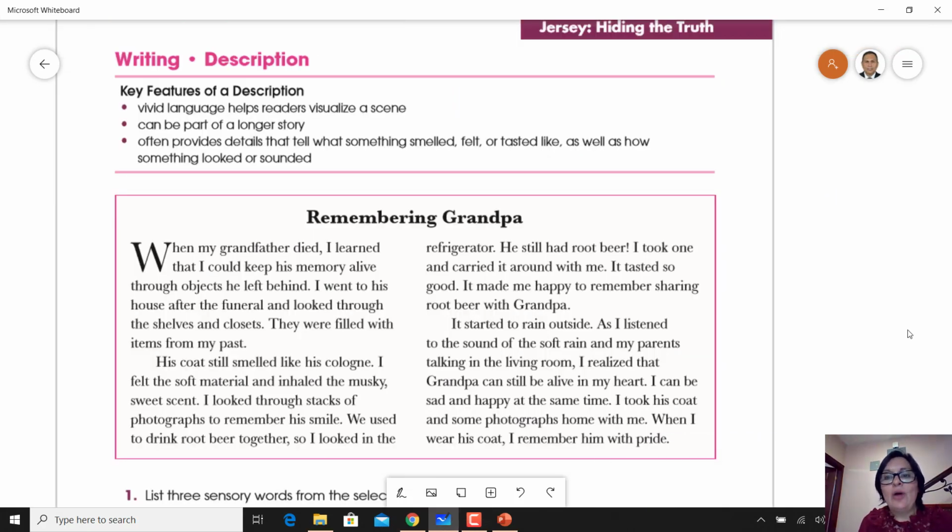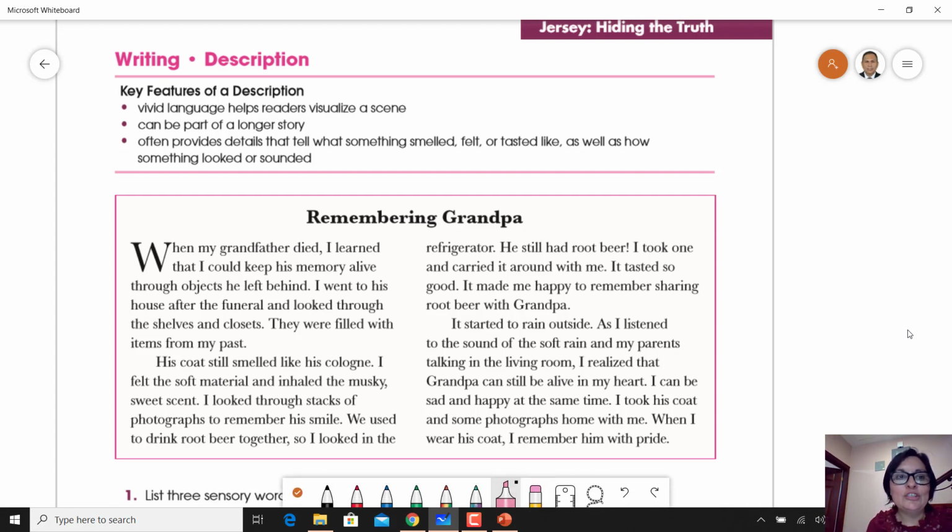Okay guys, now I need you to go to page 35, writing description, page 35. And we are going to do this one faster than the other one because it's something that you already know also. So we are going to read the key features of a description. The first one says that a description uses vivid language. And what is vivid language?